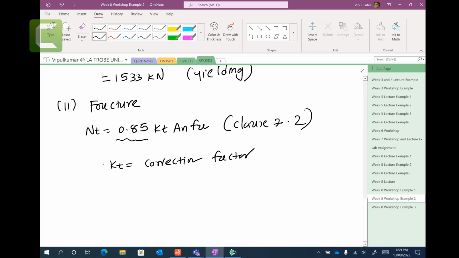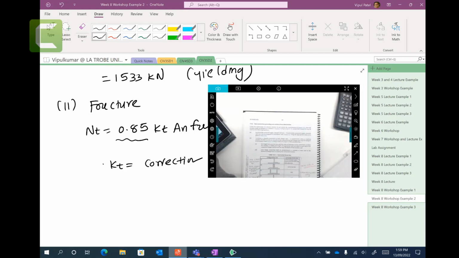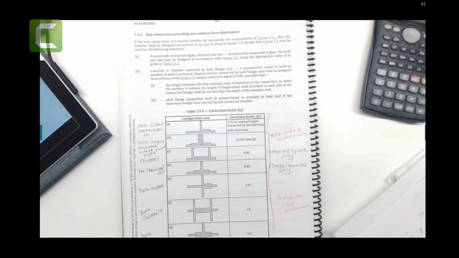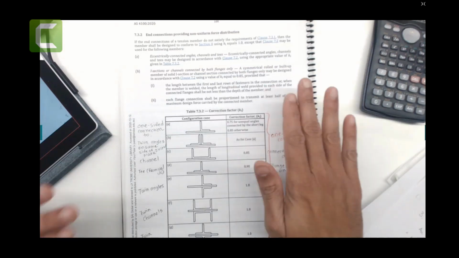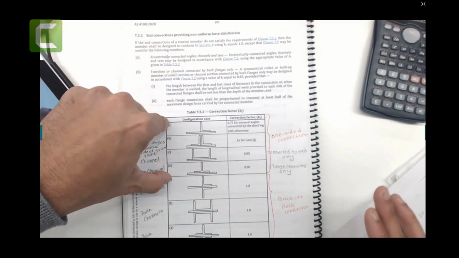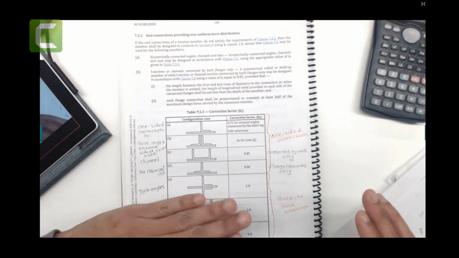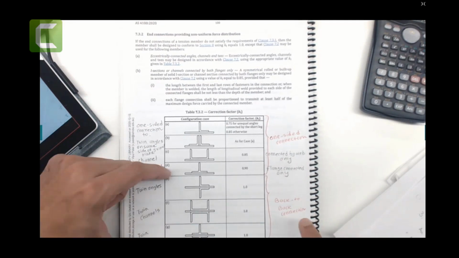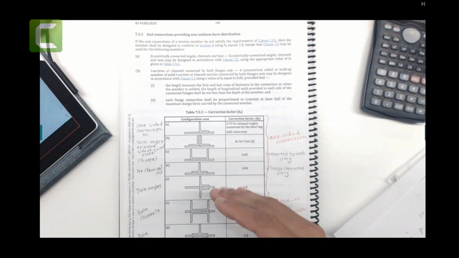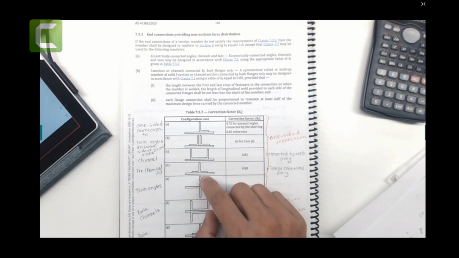In the k_t correction factor tables, as I mentioned, the tables are divided into two zones. The top zone is for one-sided connections, and the other is for back-to-back connections down here. Now, I can see there are not two plates. We have gusset plates, and these are not back-to-back connections.